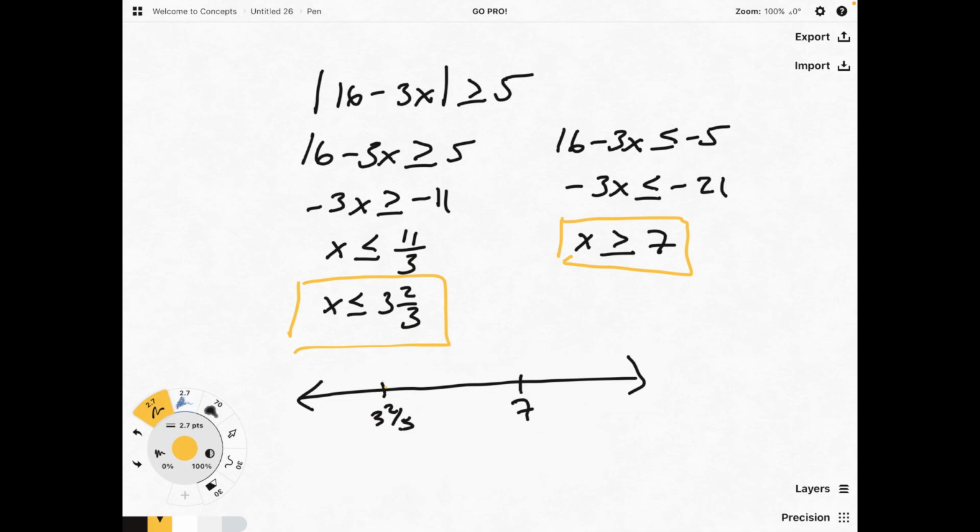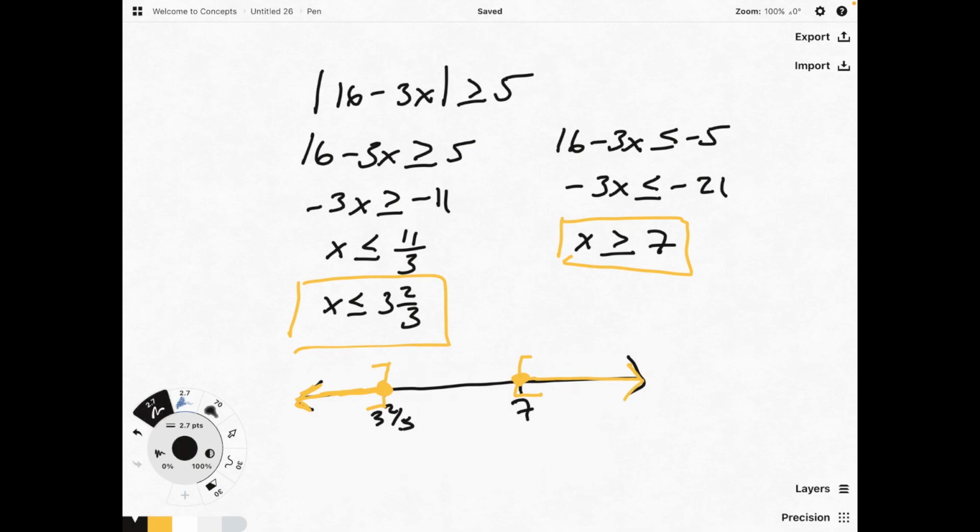Less than or equal to would be a closed circle, or you would have a bracket. Either works. And then everything that's less than or equal to. Similarly, we have x is greater than or equal to 7. So again, you could choose to use a bracket, or you could do a circle. And we want every value that is greater than 7.